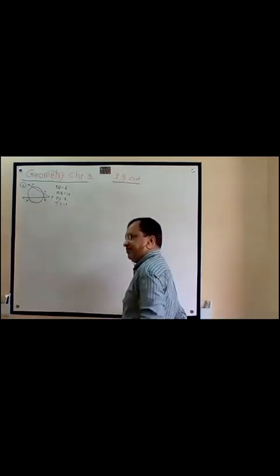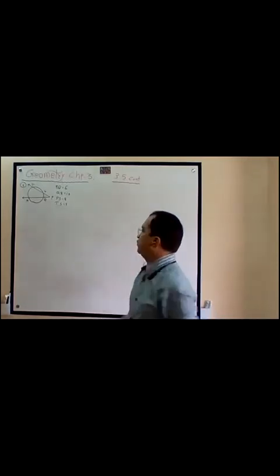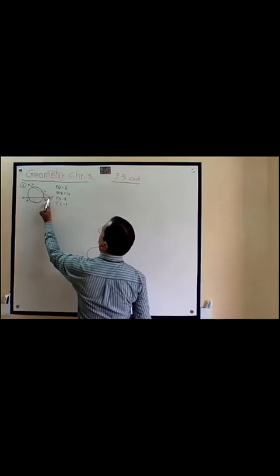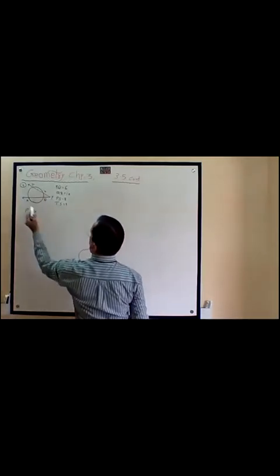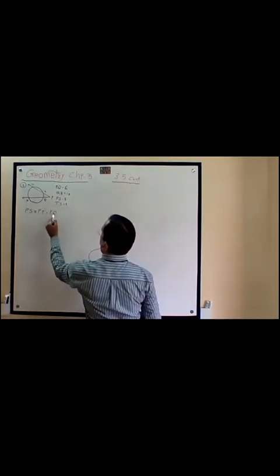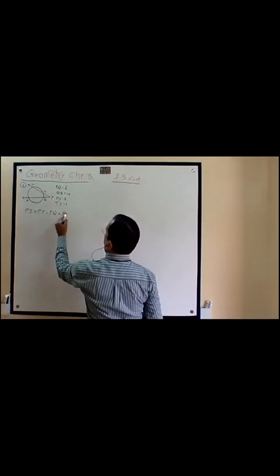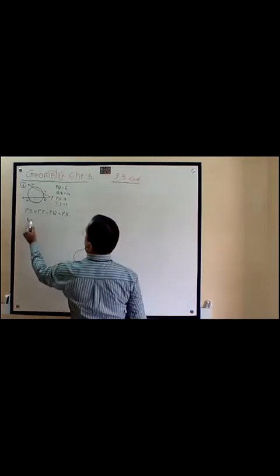2 secants are there. So all the segments you have to write from intersection P. So PS into PT, PQ into PR. PS is 8.